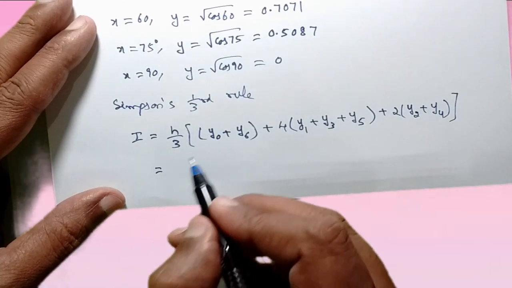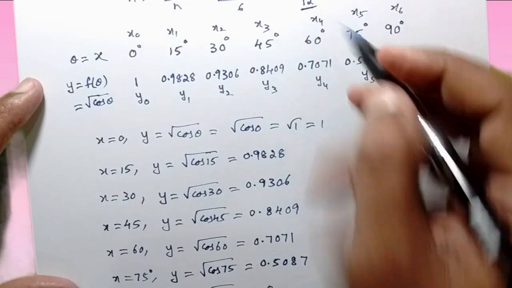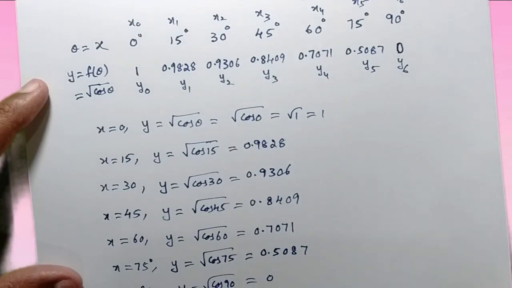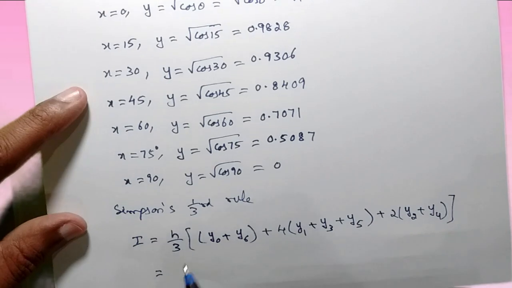You know all the values, you just have to plug in. The h value will be pi by 12. The degree is only for the angle, but here h is just a numeric value.